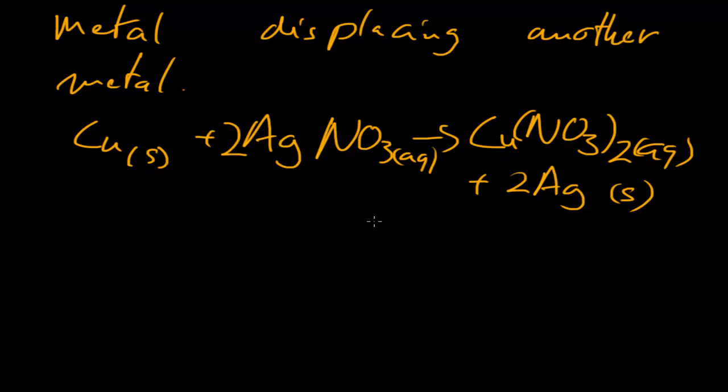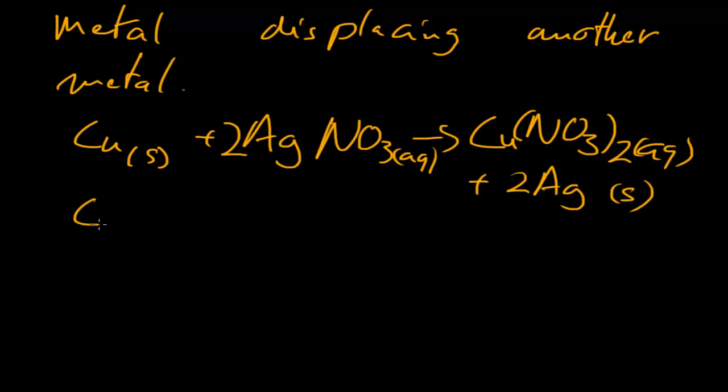As time goes by, eventually the copper would shift, displacing the silver out of the compound. So you create another aqueous solution while you form silver.